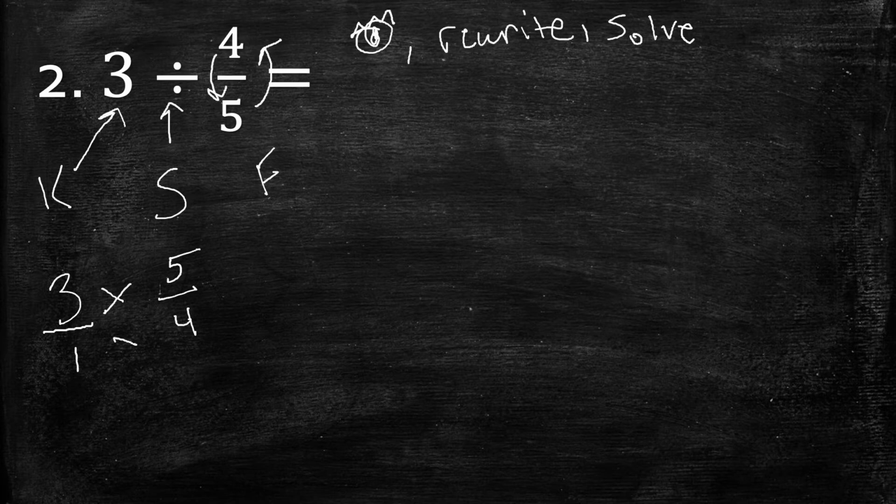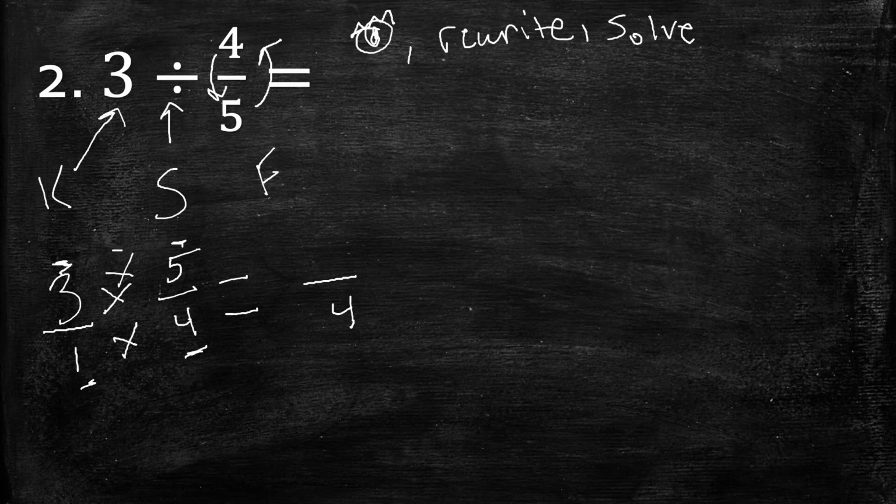So now I can multiply across, bring my fraction bar over since they're both fractions, and so I know 1 multiplied by 4 is 4, and now I can multiply my numerators, which will be 3 and 5.